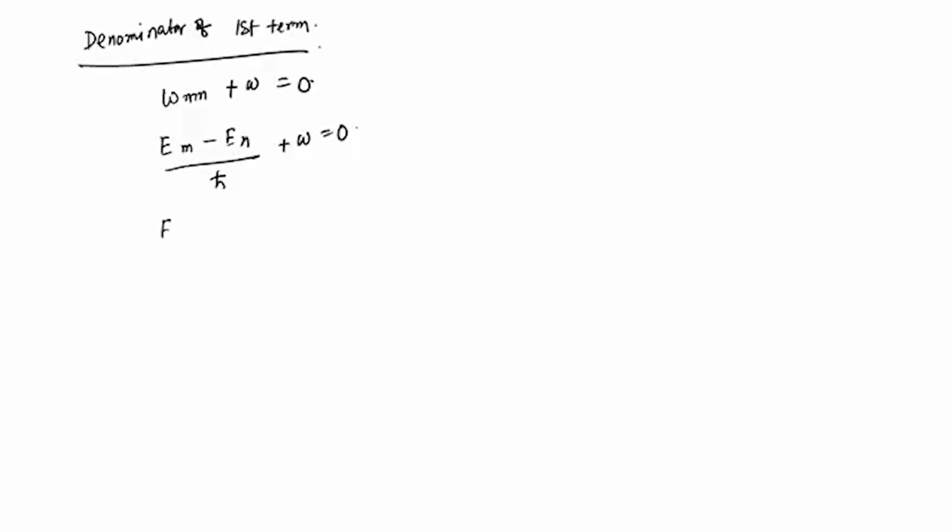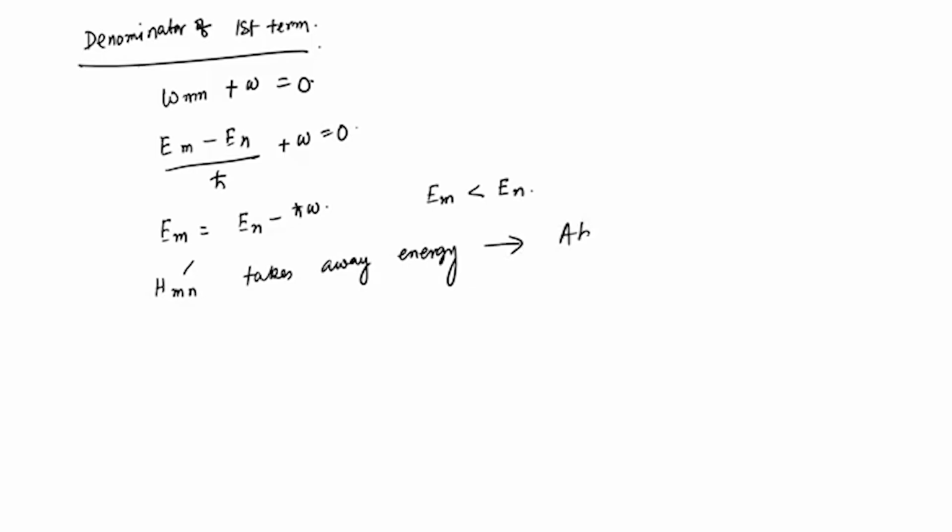So, this means that E_m equals E_n minus ħω, and of course, this means that E_m is less than E_n. So, that tells you that basically your H_mn, the perturbation term, takes away energy. And when it takes away energy, it is called absorption. Okay.